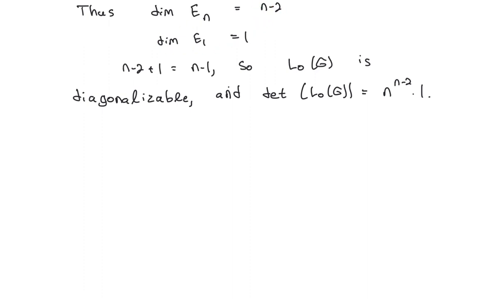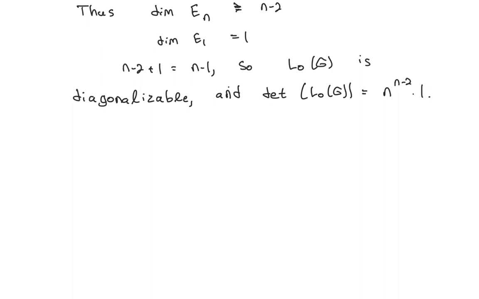On the other hand, the dimension of the eigenspace for 1 is 1. These technically should be inequalities. But then it happens to be that n minus 2 plus 1 is n minus 1, which is the dimension of the vector space we're working with, because we've deleted a row and column.